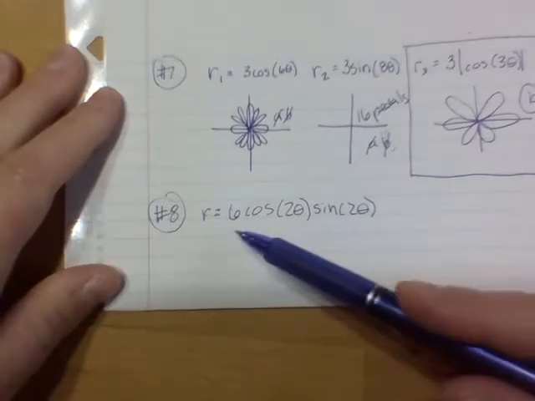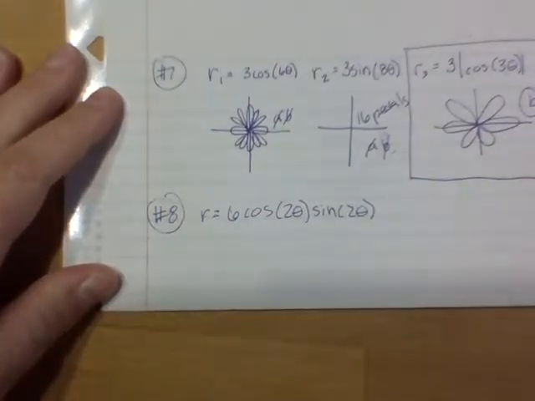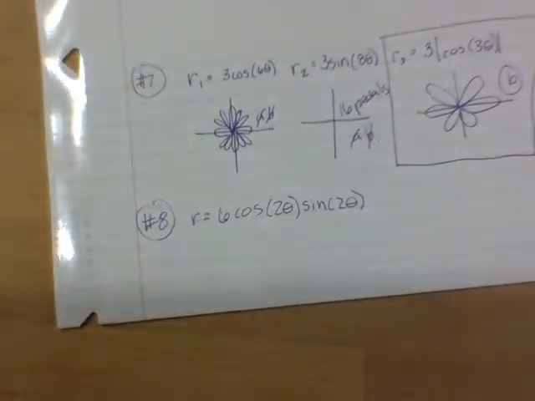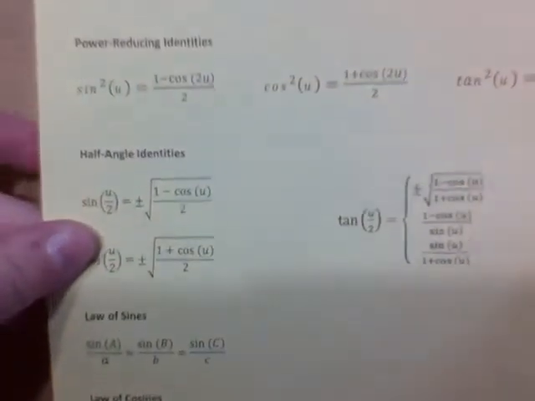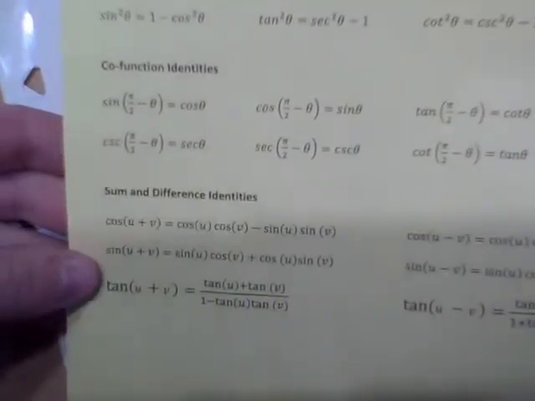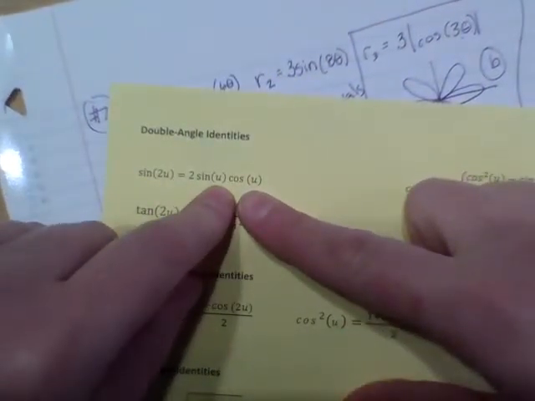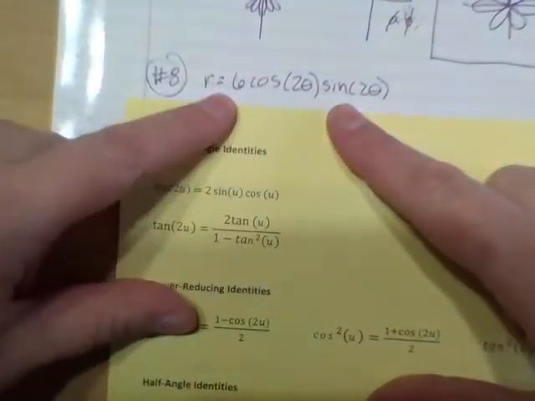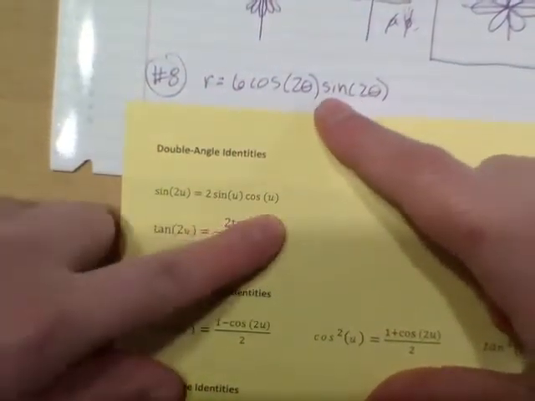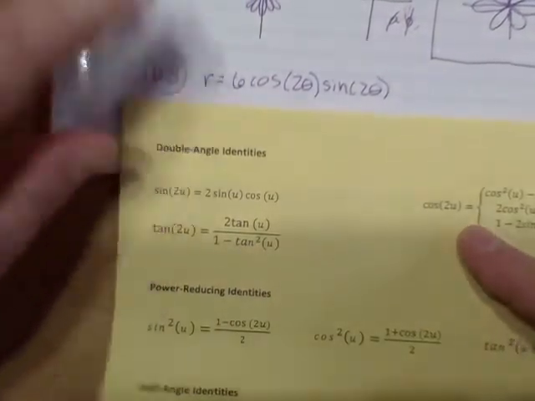But I'm also noticing that as I look at this, it's very close to, what is my identity? It's my Chapter 5 formula sheet here. It's very close to this one. So notice that we have sine of 2u cosine of u, and we have 6 with a 2u, and so it kind of starts to look like some of these.